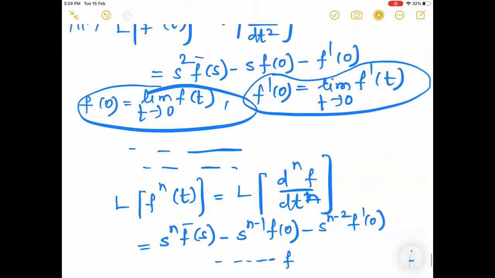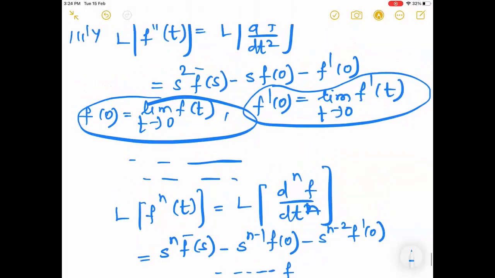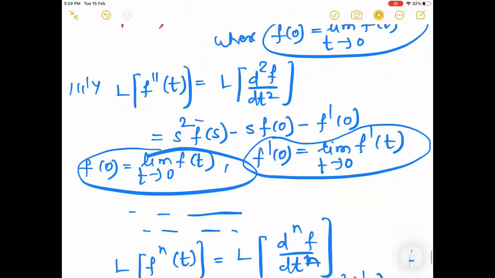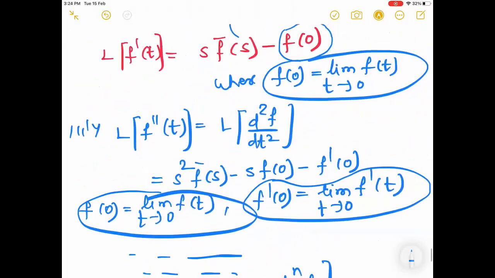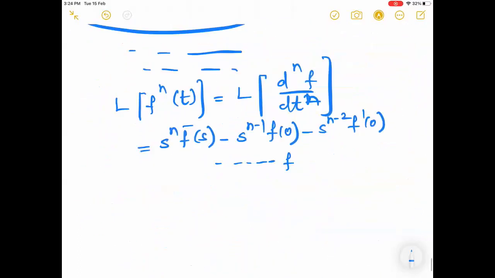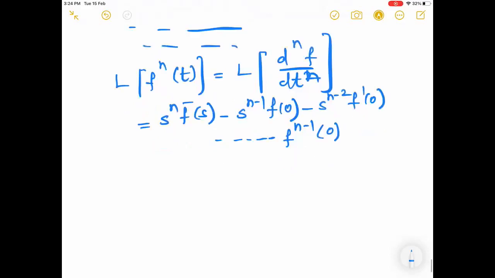See, the second derivative result is ending at f dash 0. So the nth derivative result will end at f raised to n minus 1, 0. Okay, so nothing difficult in remembering the formula because it should start from s raised to n.